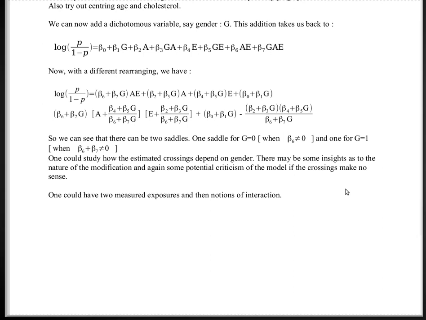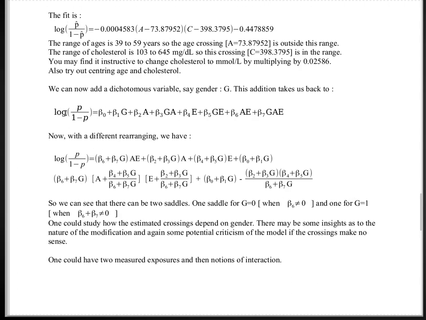Okay, so we could have two measured exposures and then have notions of interaction as well. Here we've looked at an analysis in which we have a measured exposure variable and a measured potential confounder modifier.